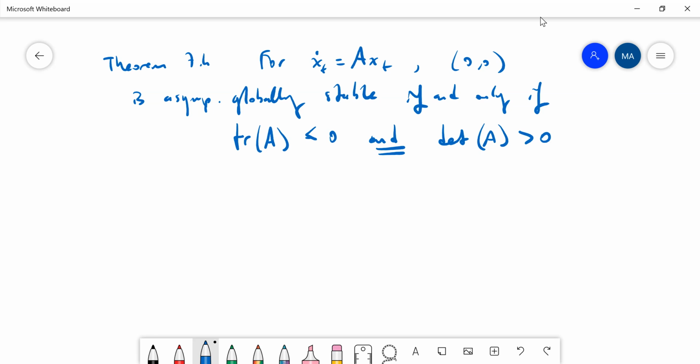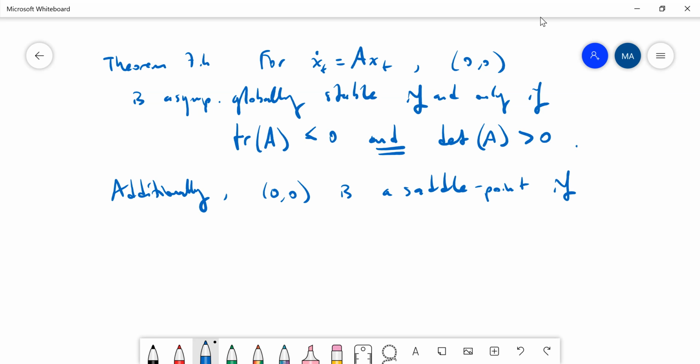Okay. Additionally, 0, 0 is a saddle point if determinant is less than 0. Okay.